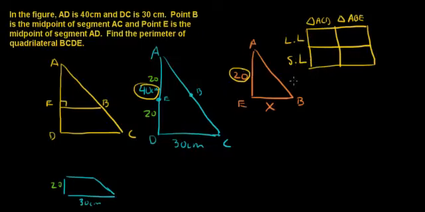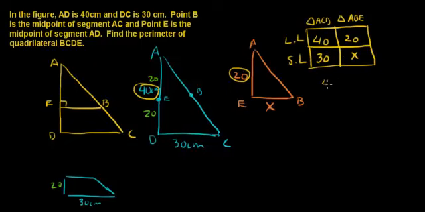My longer leg for ACD was 40. My shorter leg right here was 30. For triangle ABE, I know the longer leg is 20. Looking for the shorter leg. Now I can cross multiply and divide.